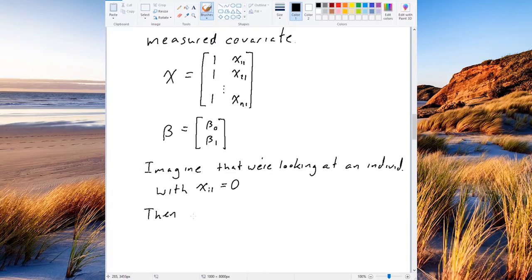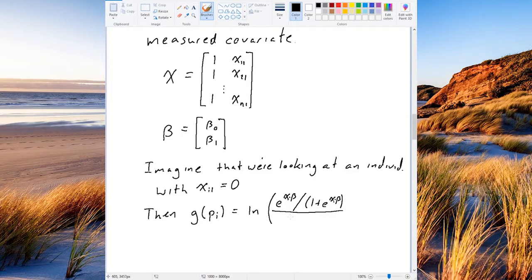Then g of pi is equal to ln of e to the xi beta divided by 1 plus e to the xi beta.